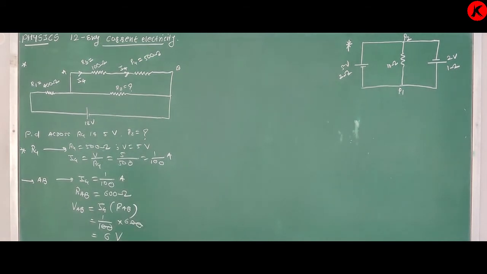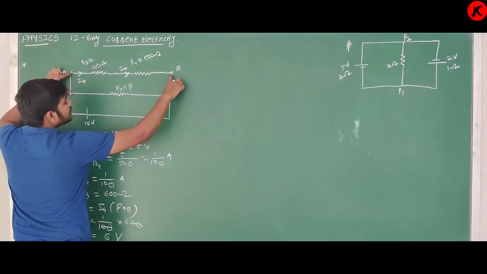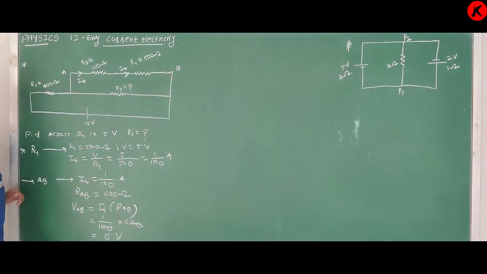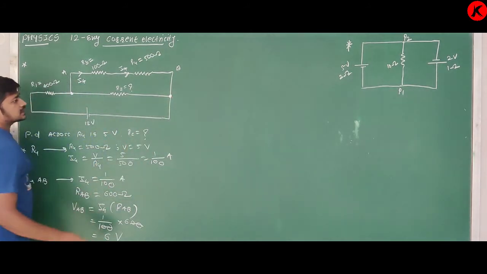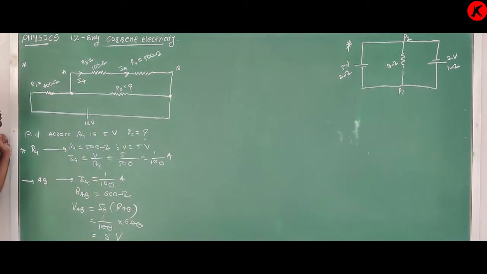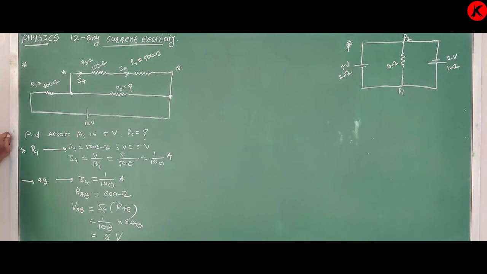These two are in parallel connection, so the potential difference between these two ends is also 6 volt. Now this battery is of 18 volt.